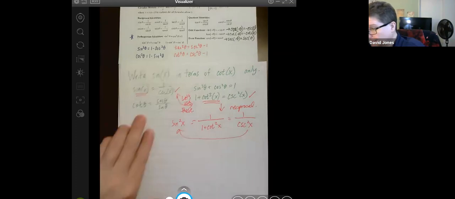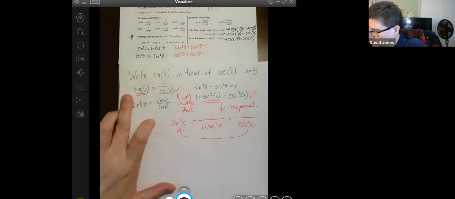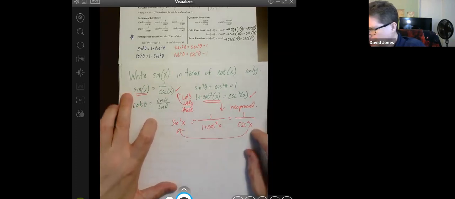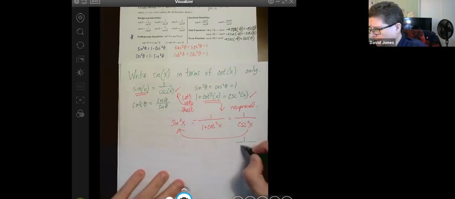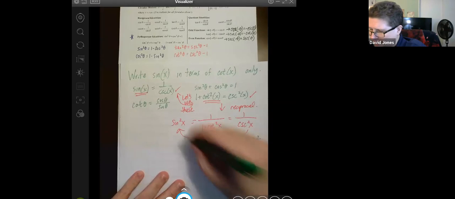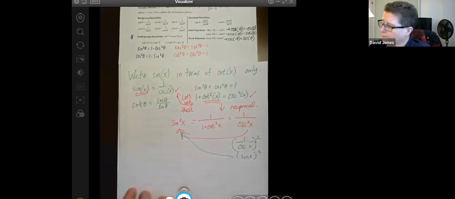I don't even need that one other than I used it to flip it. That's how it comes in. Because this is 1 over cosecant x squared, which is sine x squared. There we go. That kind of illustrates it a little bit better.